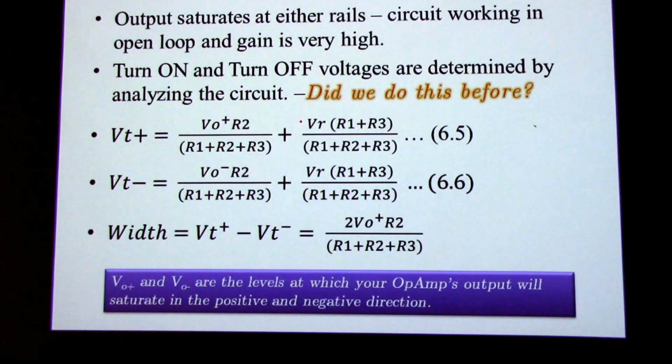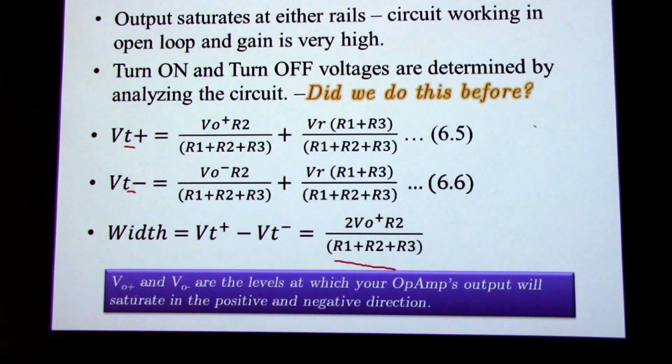The equations are pretty similar to the ones we did before for the inverting and non-inverting amplifiers, but this time they are open loop, and we have something more here. This is the equation that defines your Vt plus, and here is the equation that gives you Vt minus, and the width is this.